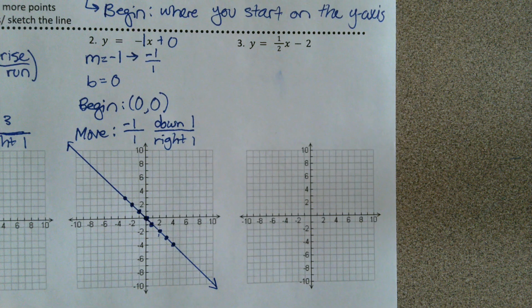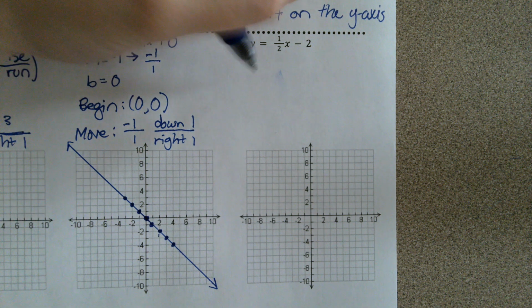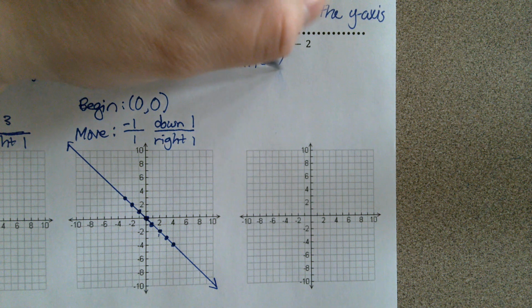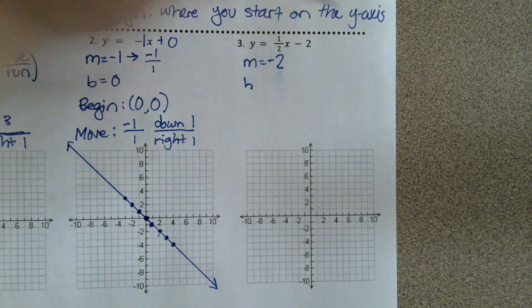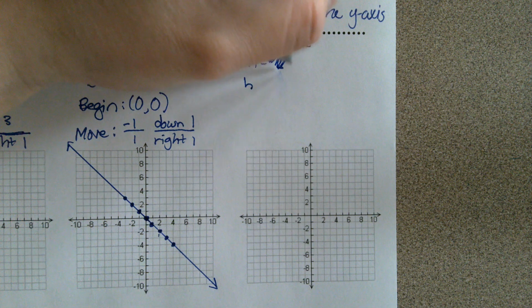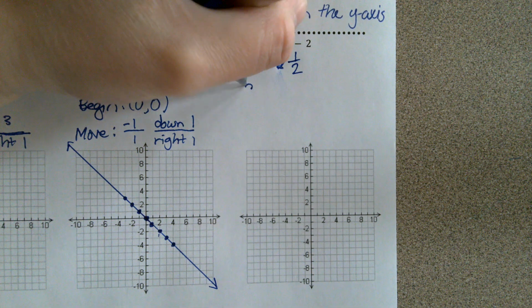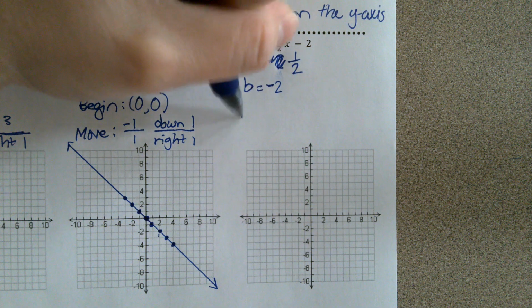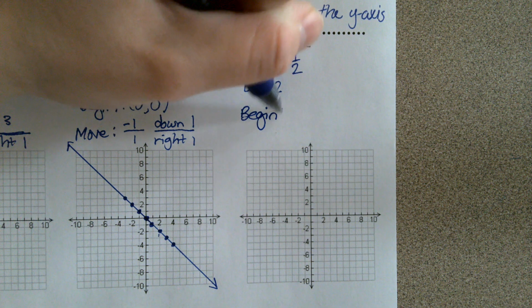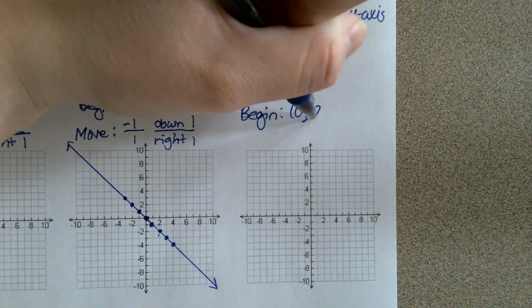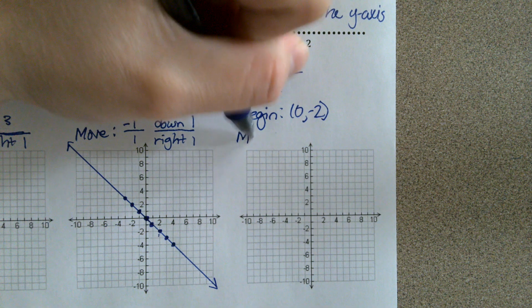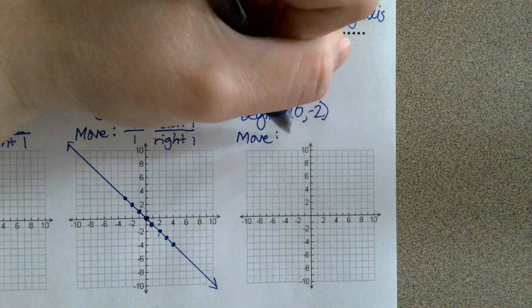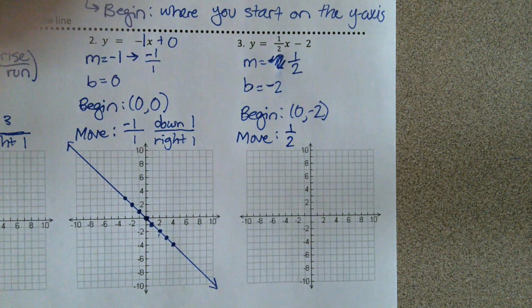Number 3, y equals 1/2 x minus 2. M is 1/2. B is -2. So we begin at 0, -2. And then we move according to our slope, which is 1/2.